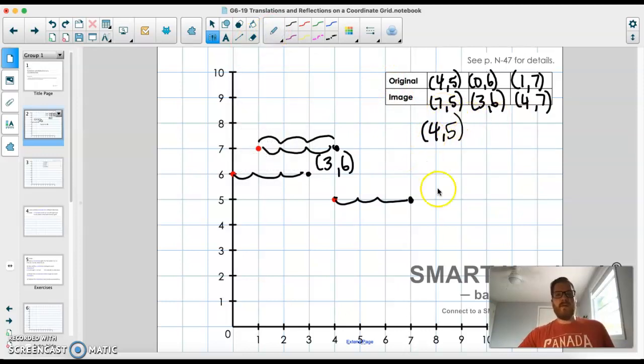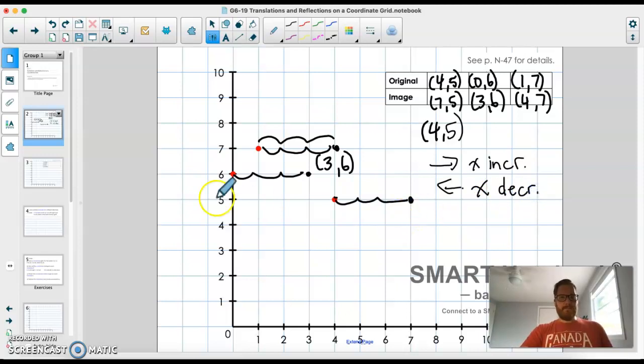So if I go to the right, x will increase. If I move to the left, the x number, the first number of the ordered pair, will decrease. Okay.